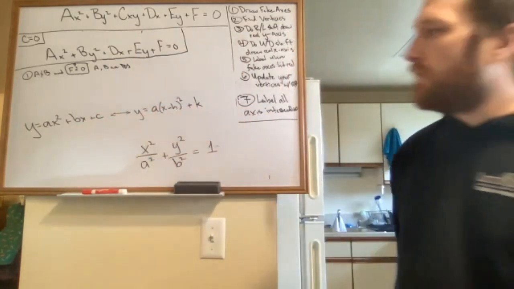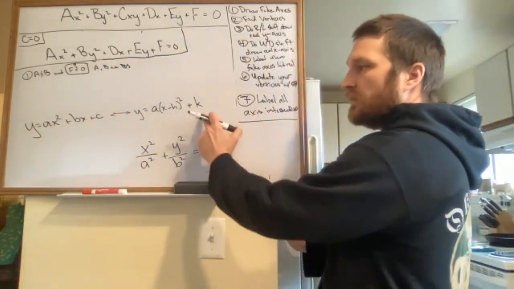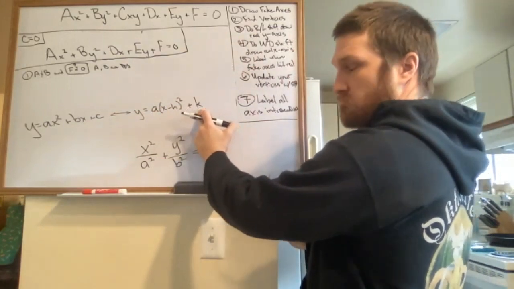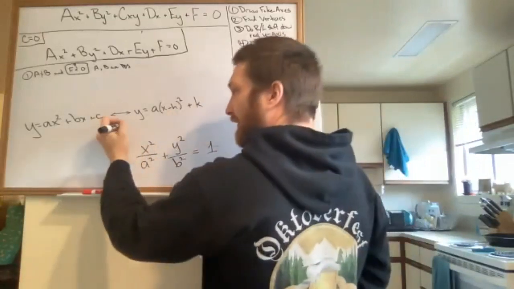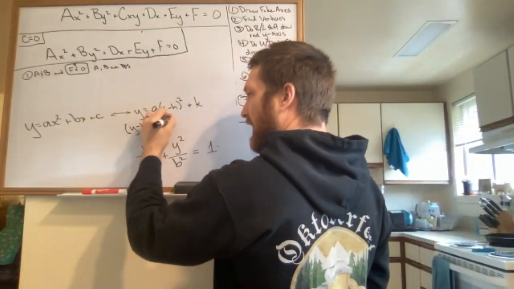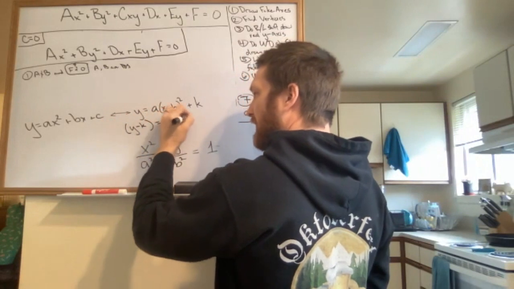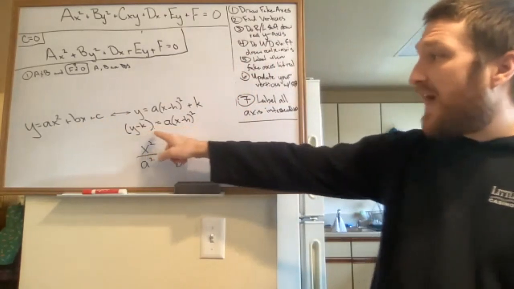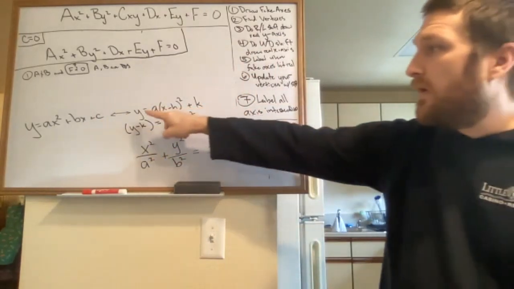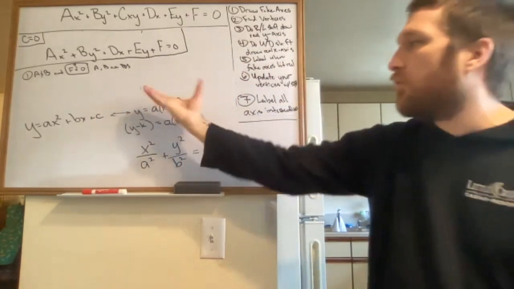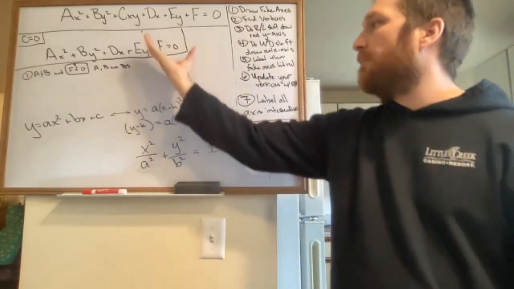And here's another thing to notice. We said that this thing, we could write it this way. We could also write it like this: y minus k equals a(x minus h) squared. And it turns out if you do it that way, remember, adding to the output of a parabola shifted it up.